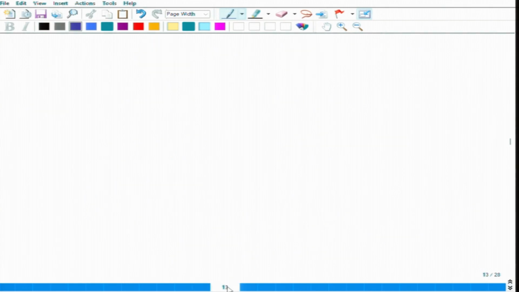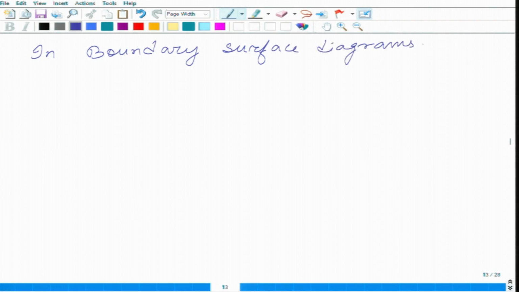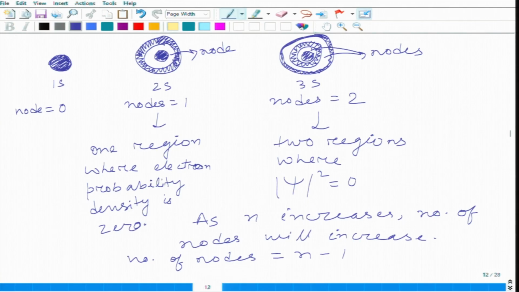Now, in the boundary surface diagrams, which regions are expressed?